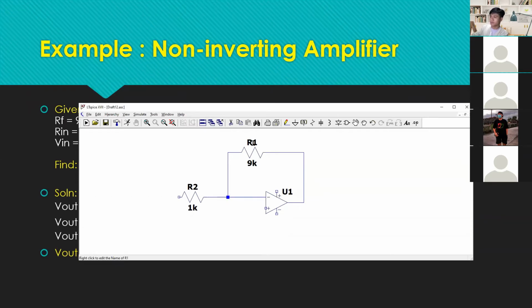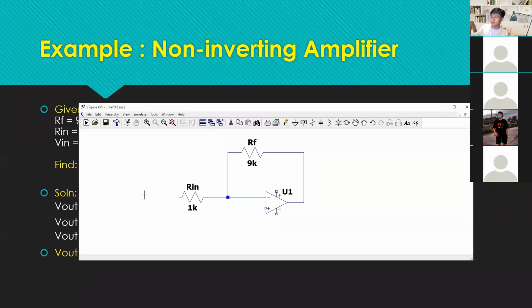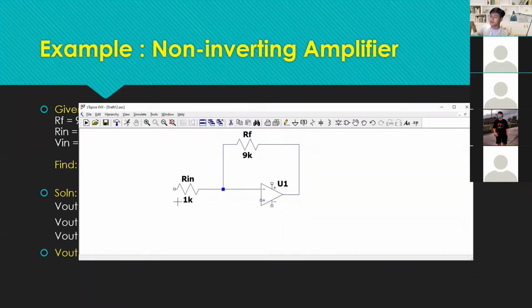There you go. From here, we can now rename them so you don't get confused. Right-click R1, and from there you can change R1 to RF. The same with R2, so this one is RF or R1. Then the next thing you'll need is the voltage input.